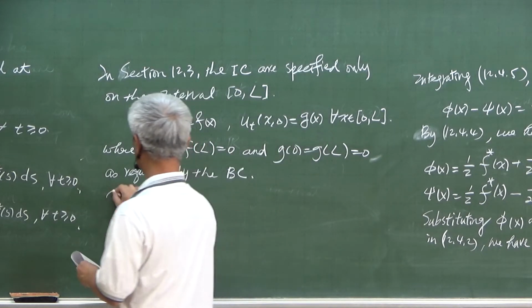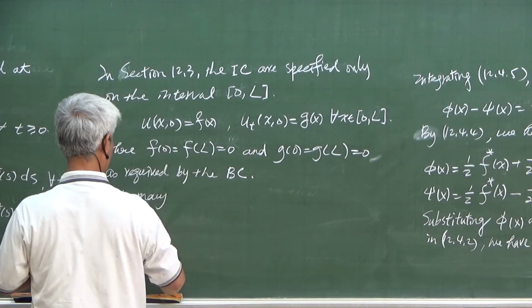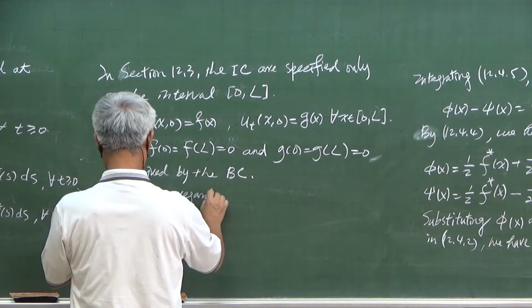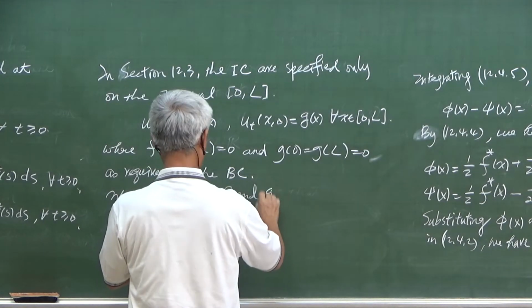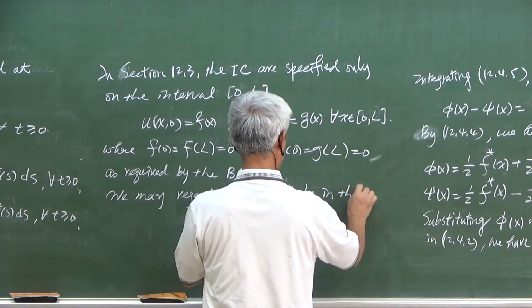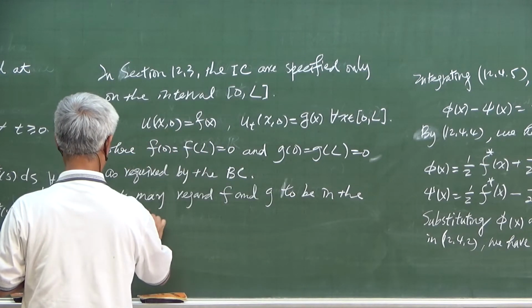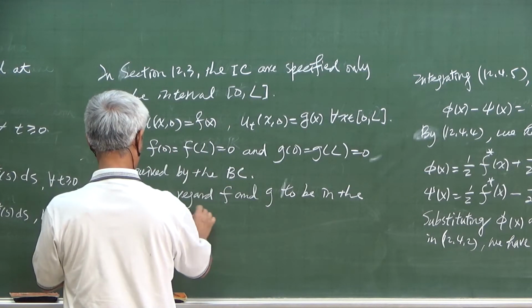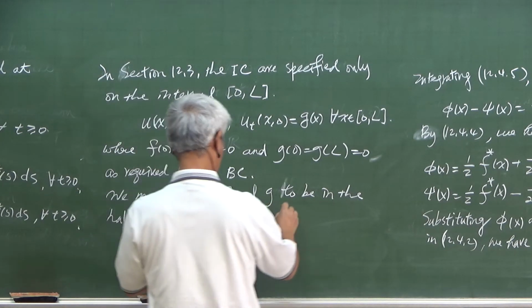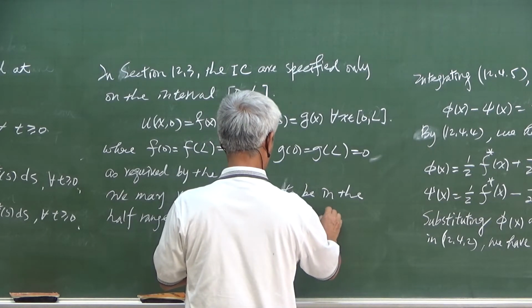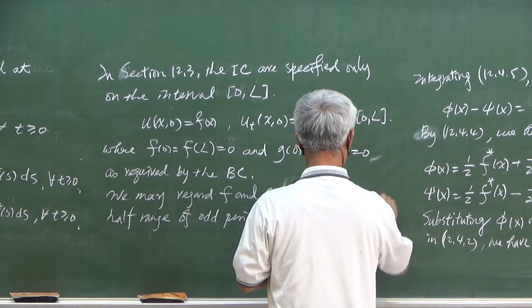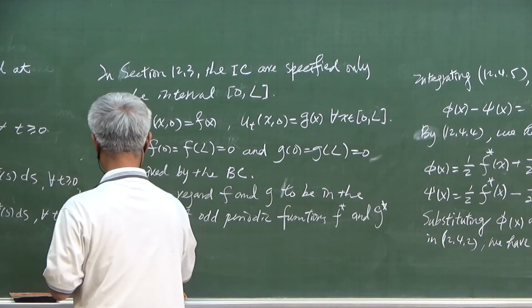All right. So in that problem, we may regard f and g to be in the half range of odd periodic functions f star and g star respectively.